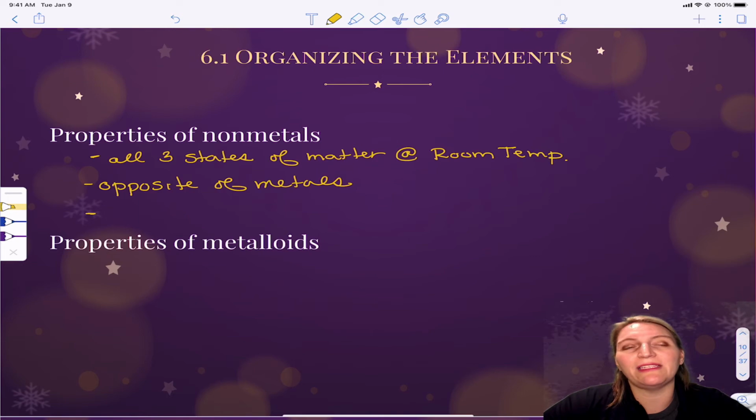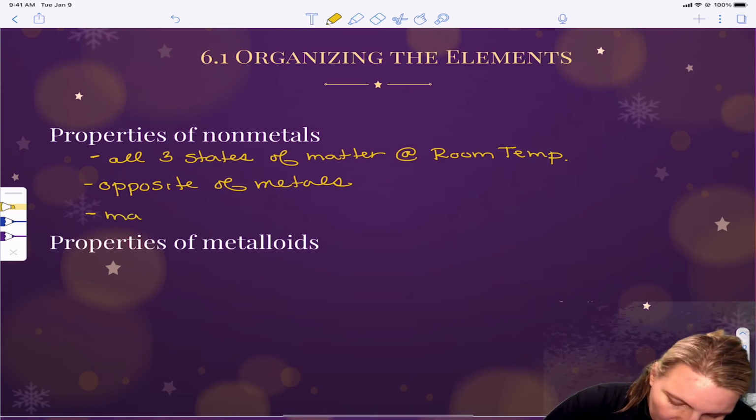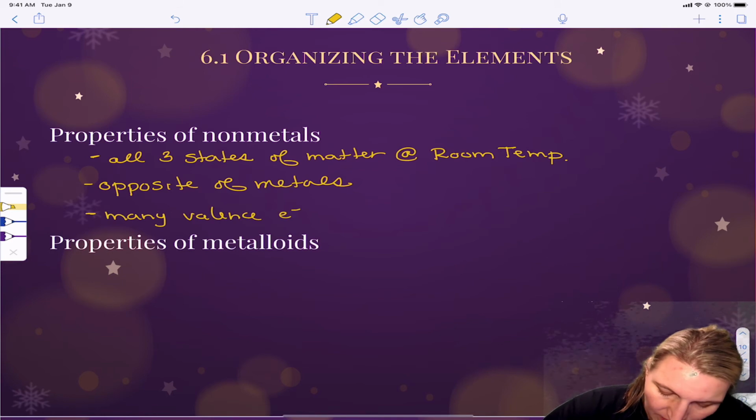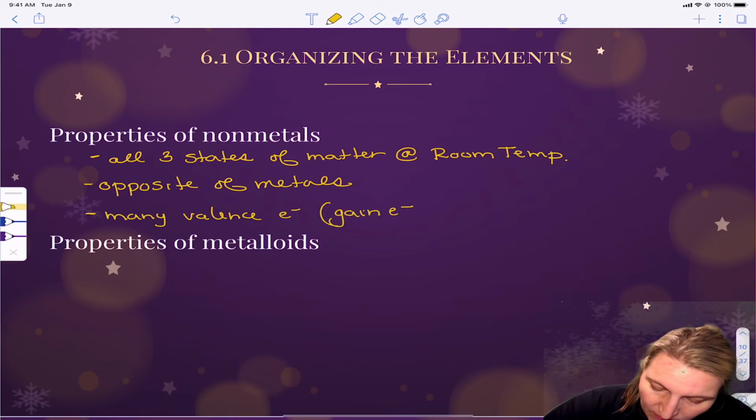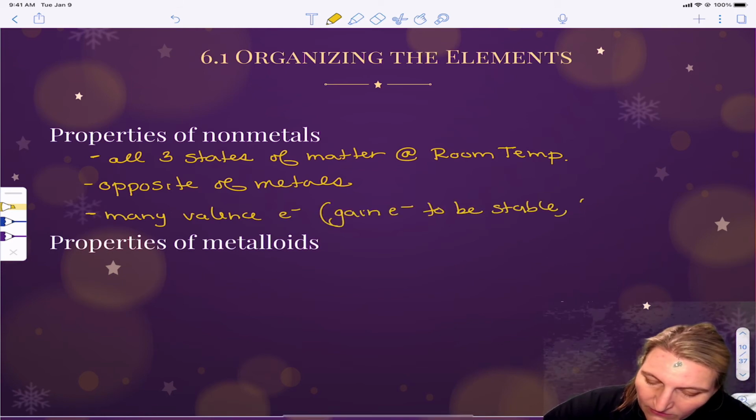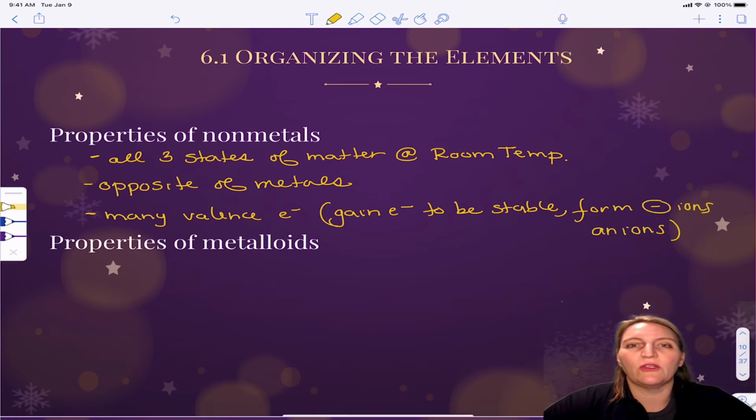And because of that, they tend to gain electrons in order to become stable, which means that they form negative ions, or anions. We'll go over this vocabulary in another video. Cations are the positive ions. Metals form cations. Nonmetals form anions, negative ions.